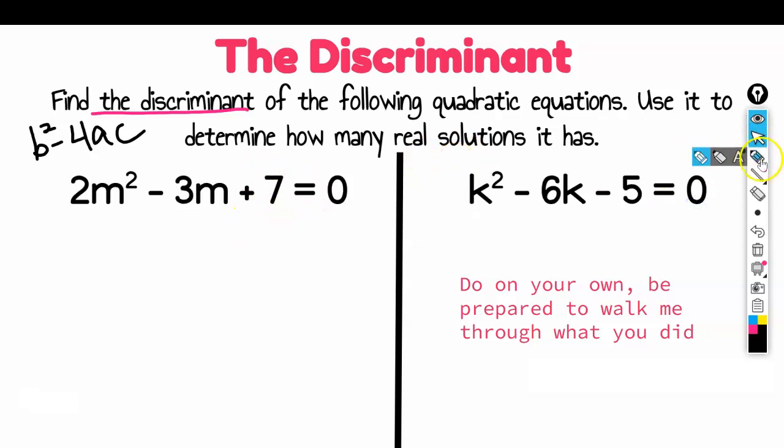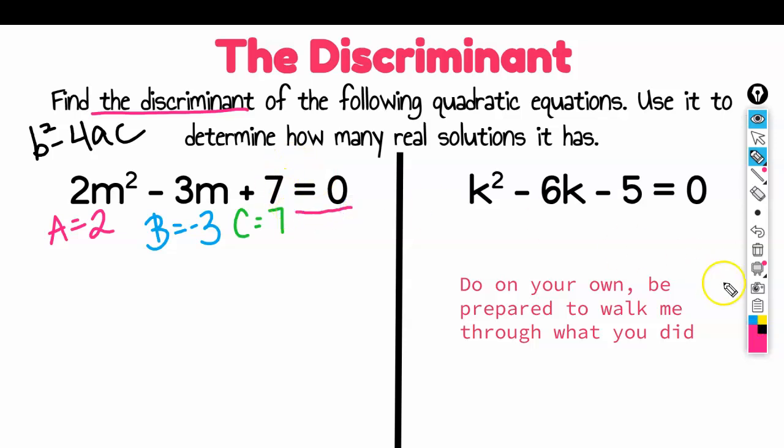All right, next example. And so I am looking, I've got A is 2, B is -3, and C is 7. And of course, my equation already equals 0, which is so nice.